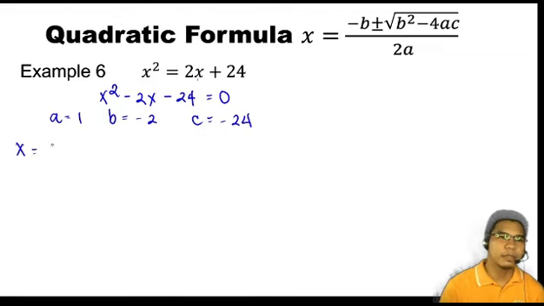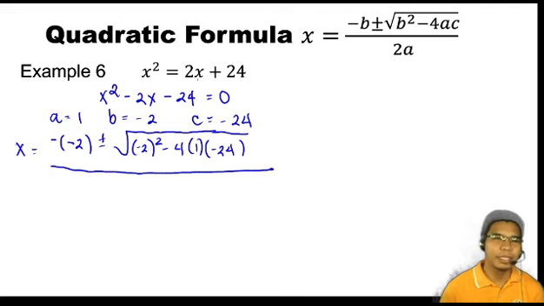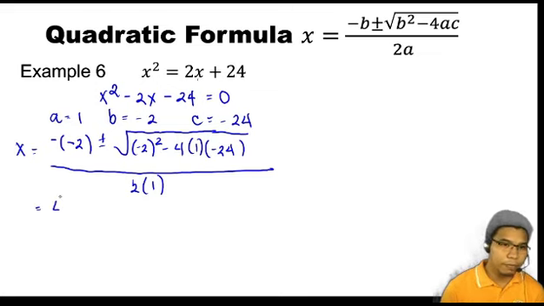X is equal to negative quantity negative 2 plus and minus square root of negative 2 squared minus 4 times 1 times negative 24 all over, ayan, we have 2 times 1. After that, we simplify again. Negative times negative 2 is positive.